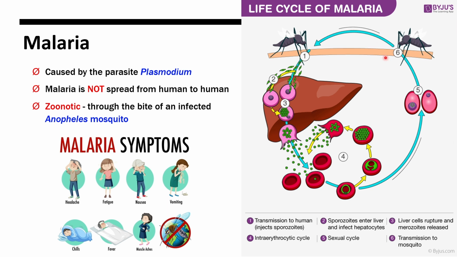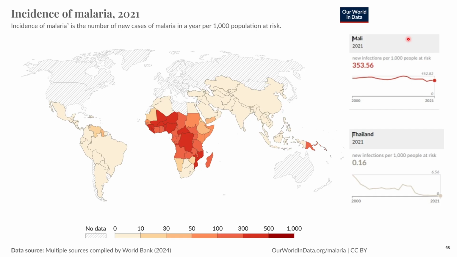So if a mosquito bites a person with malaria and then goes to another person and bites again, the Plasmodium pathogen can be carried from one person to the healthy person through the mosquito. So this is one of the diseases that have been eradicated in most parts of the world.